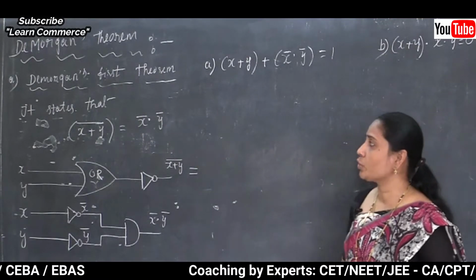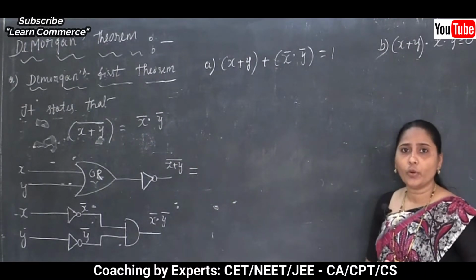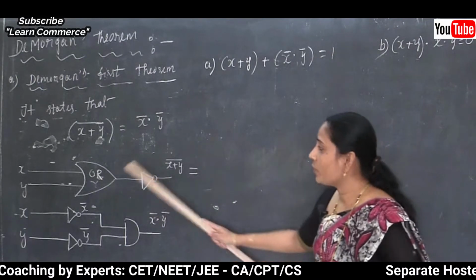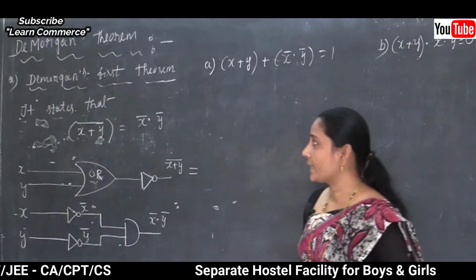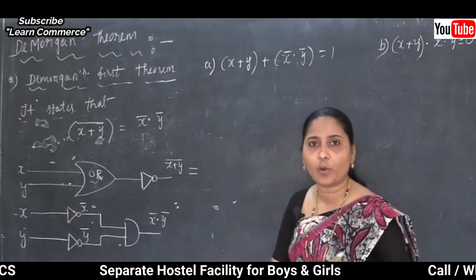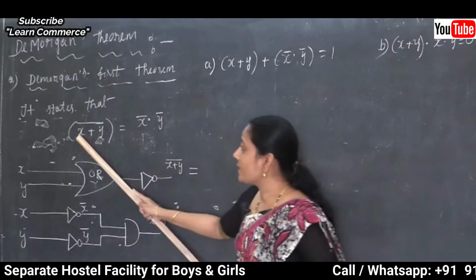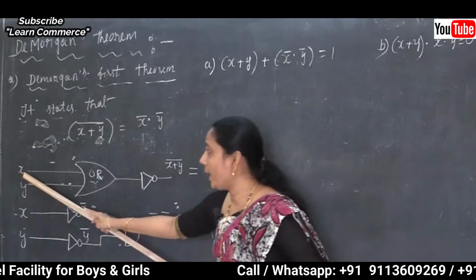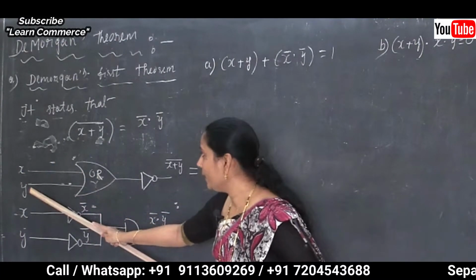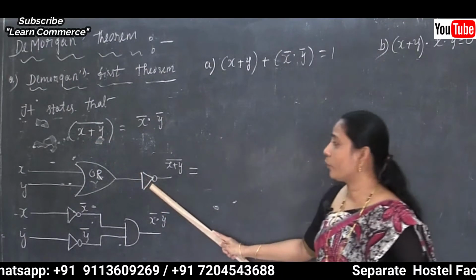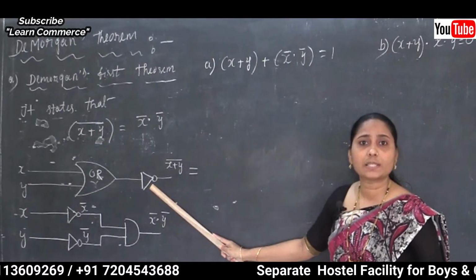Now, before going to prove it, first of all we are going to complete the symbol for the expression of De Morgan's first theorem. So (x + y)'. We know that plus is the OR, and the ' is the NOT, so we are going to draw the NOT gate symbol.